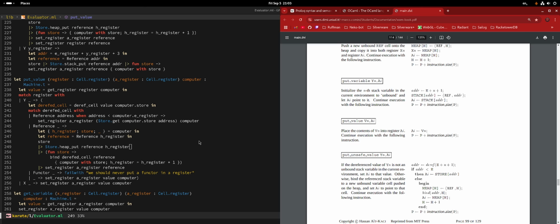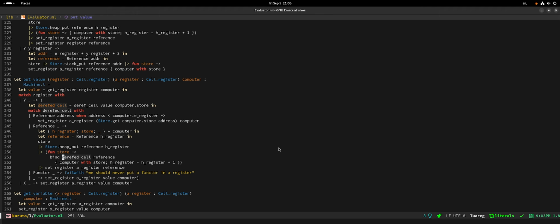I mean, the book needs to do something similar when we have... Wait, we're not using y registers, are we? Not in this example. Yeah. So we hit the x case, which is just a set register, and that's exactly what we're doing.